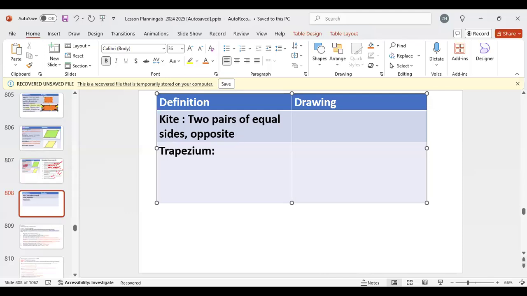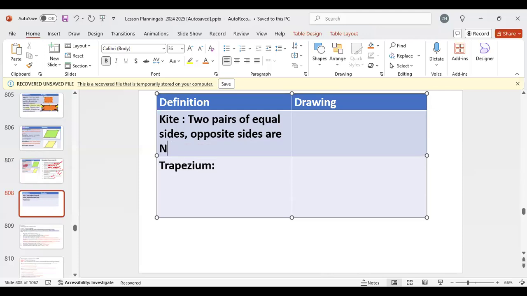It has opposite sides that are not parallel, so they don't follow parallel rules.